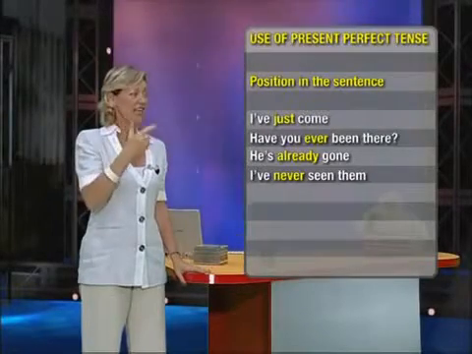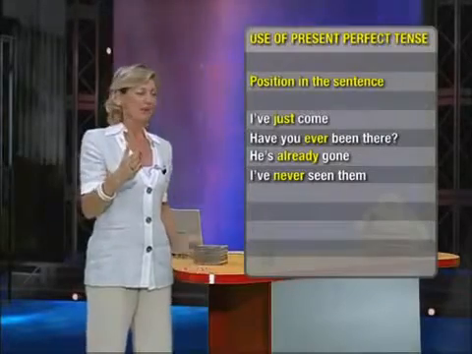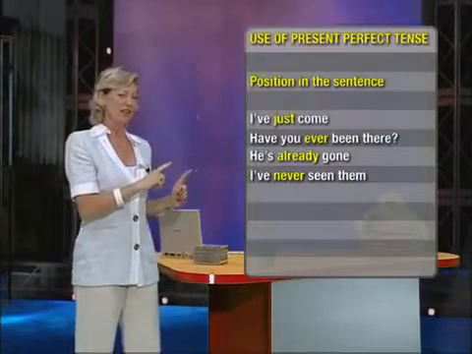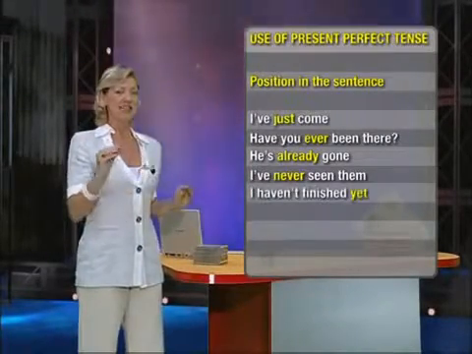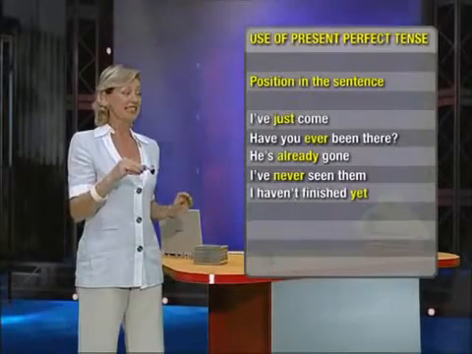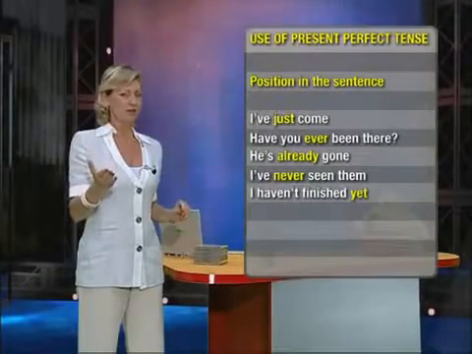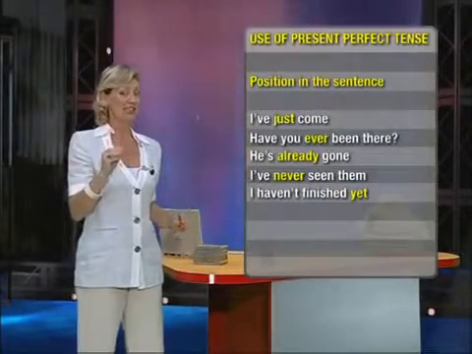So just, ever, already, and never are before the past participle. Look at the last one. I haven't finished yet. Notice that yet is the exception and it comes after the past participle. So you need to remember that. Yet is the exception.